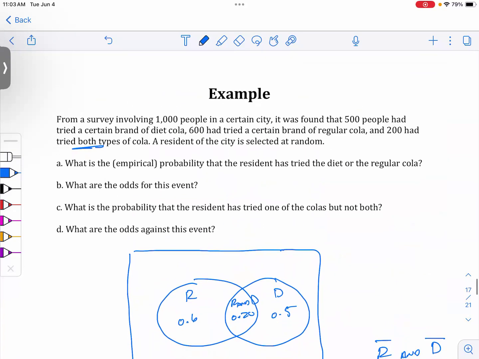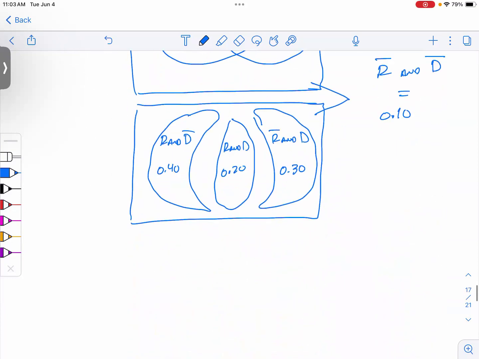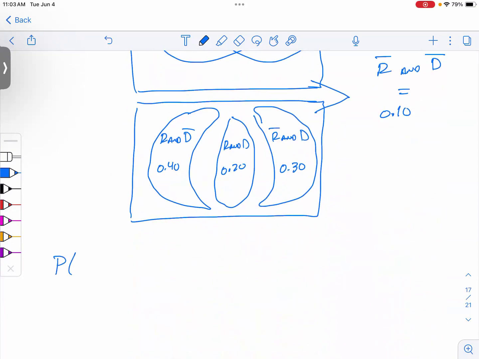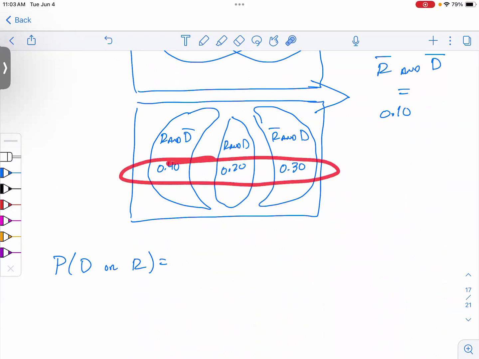Now back to our question. Probability that a resident has tried diet or regular. Probability of diet or regular is the summation of these three values, which is 90%.